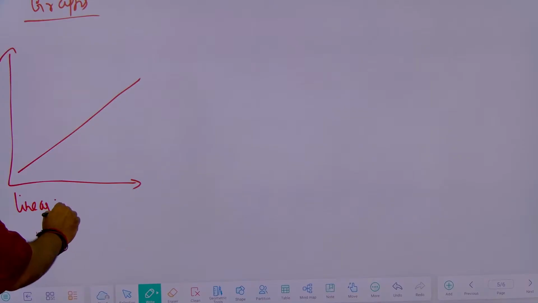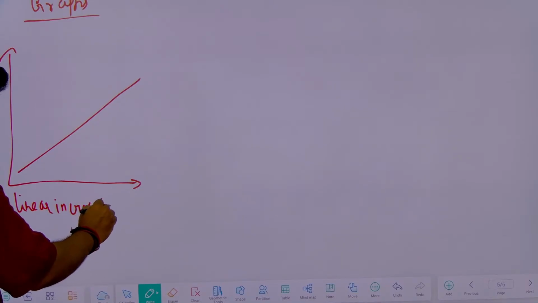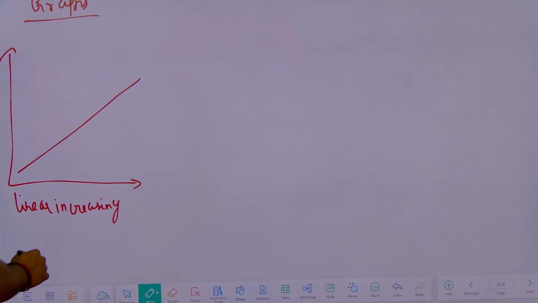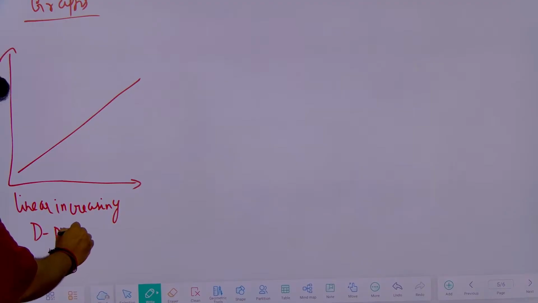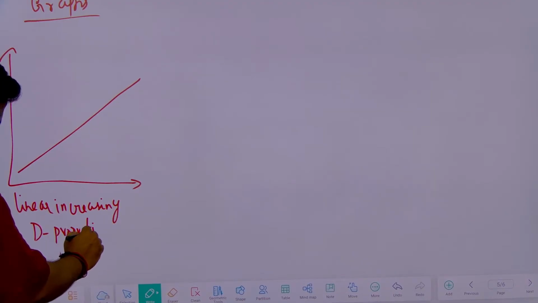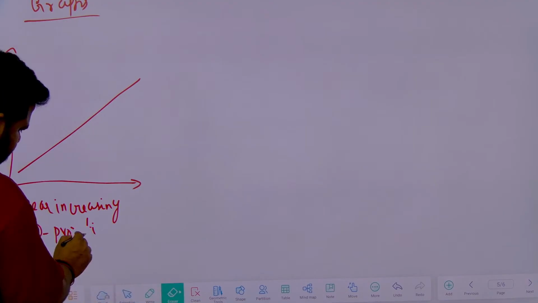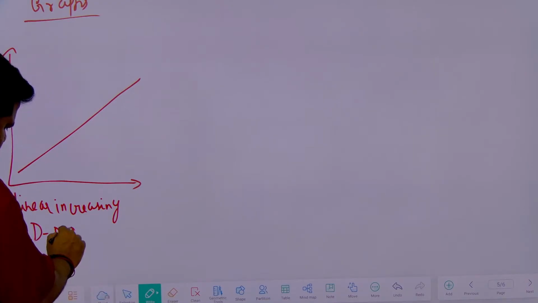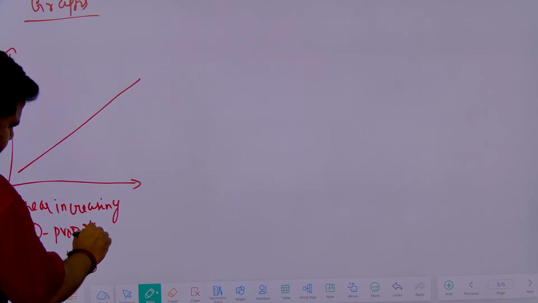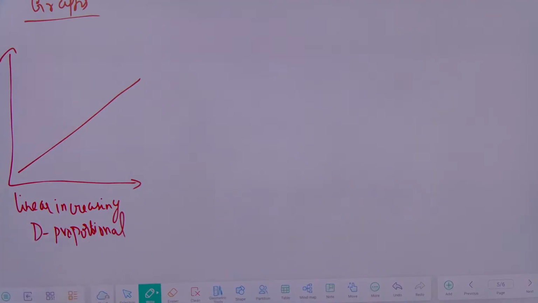Linear increase. Directly proportional, linearly increasing. This is one thing, directly proportional.